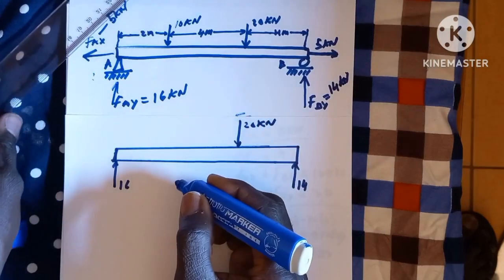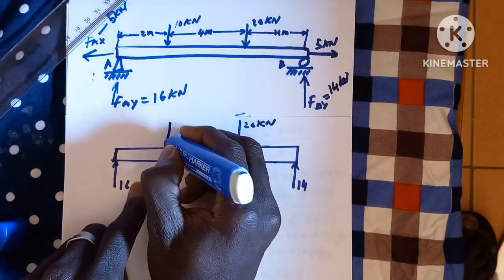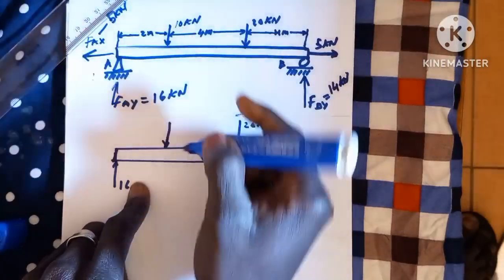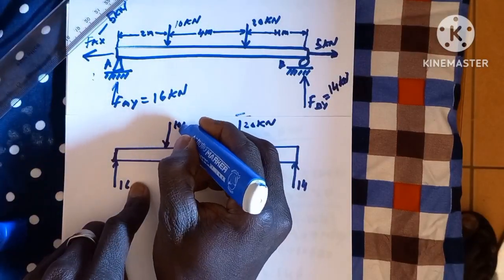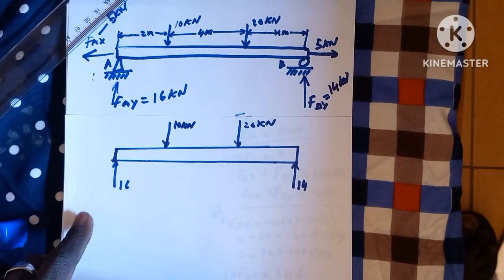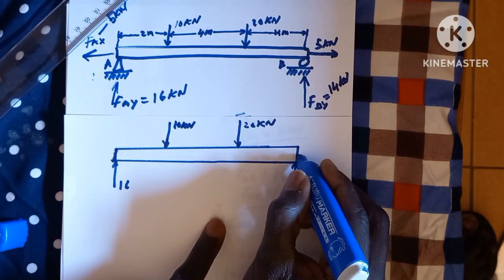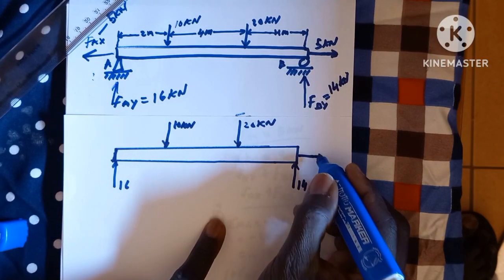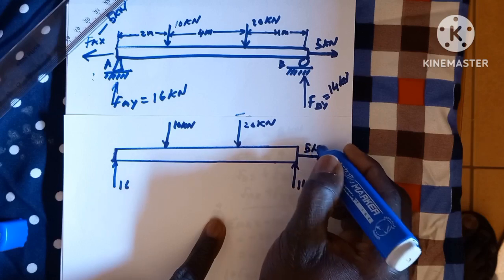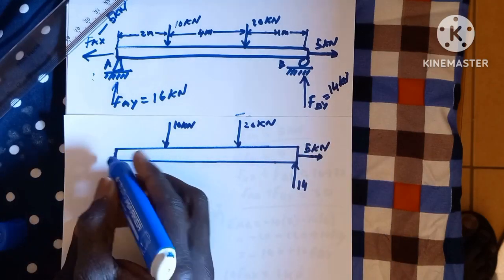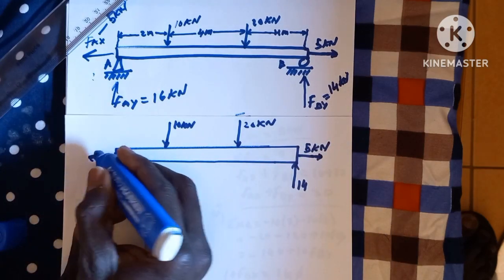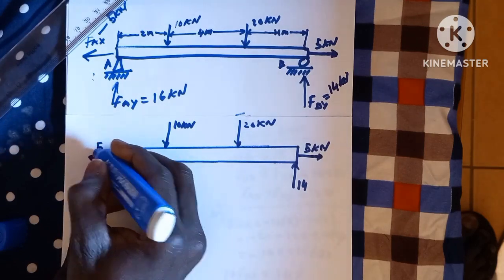We also have another force coming down here, which is 10 kilonewton. Then we have a force going to the right here, which is 5 kilonewton, and a force going to the left here, which is also 5 kilonewton.